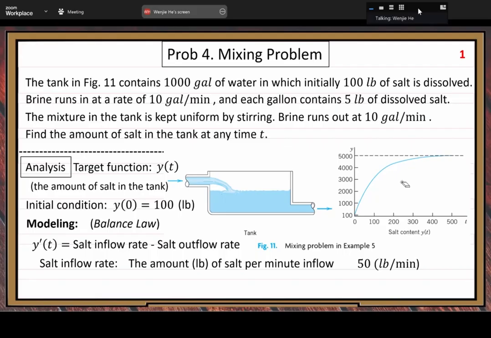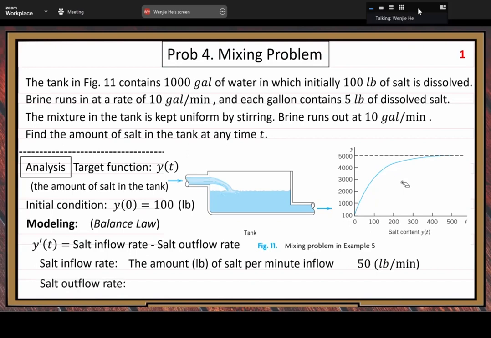Y of t is the amount of salt in the tank, but you have a total of 1,000 gallons. How many gallons of mixture flow out in 1 minute? 10 gallons. So from 1,000 gallons, you take 10 gallons in 1 minute.